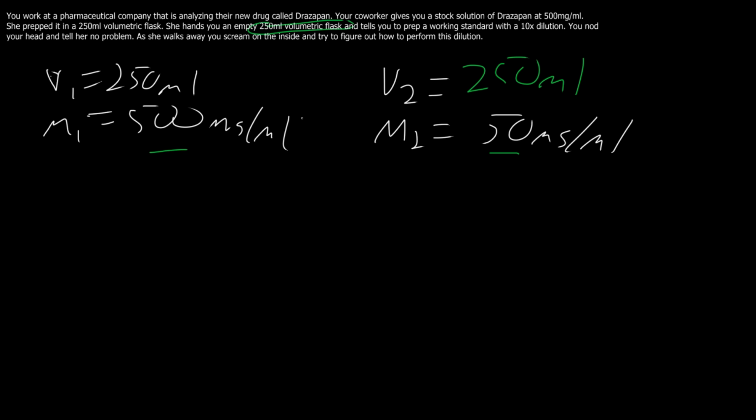Okay, so something with the volume has to change. But what? How do we do this? Well, we know we have to have 250 milliliters for our final volume. And because of that, then somehow this right here, the V1, this needs to change.